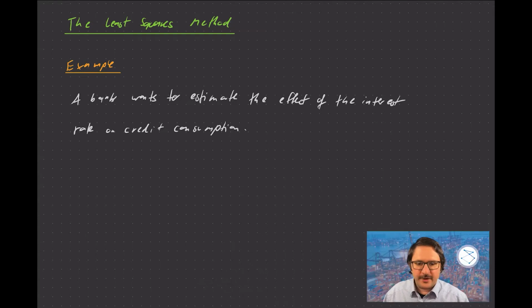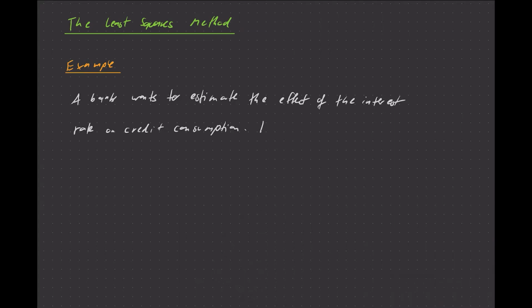There is historical data available. You just choose to plot that data by doing a plot that contrasts interest rate and consumption. And let's say you get a number of points that seem to suggest there might be at least closely a linear correlation between those two.